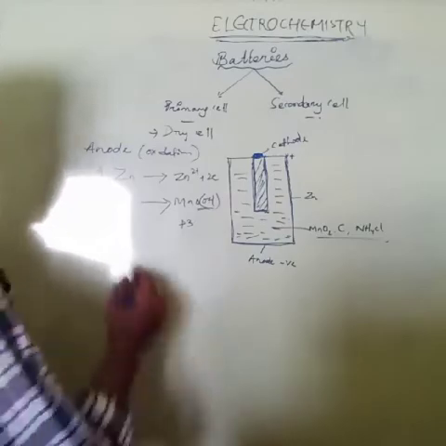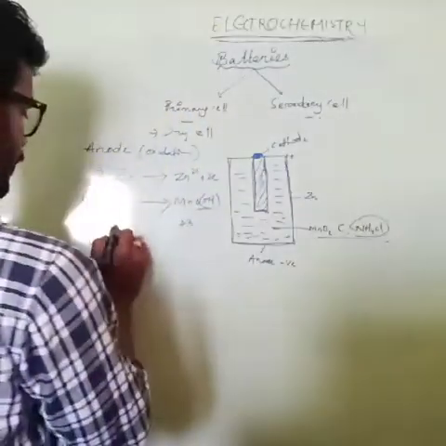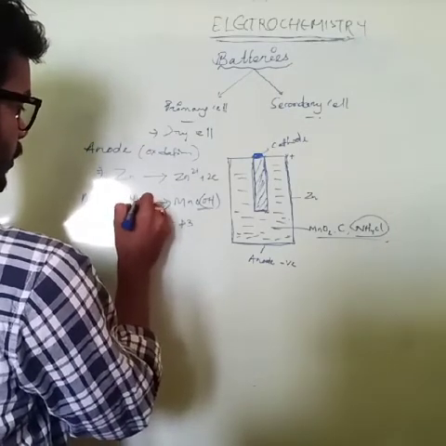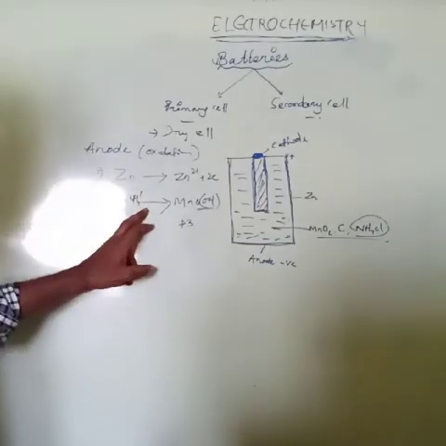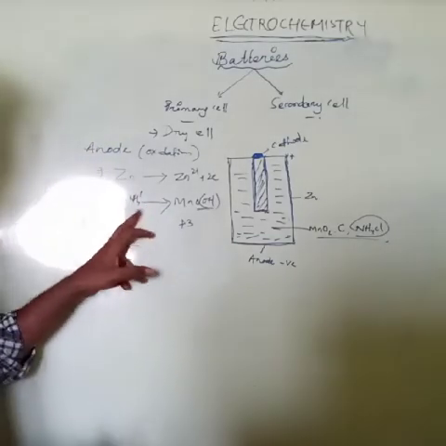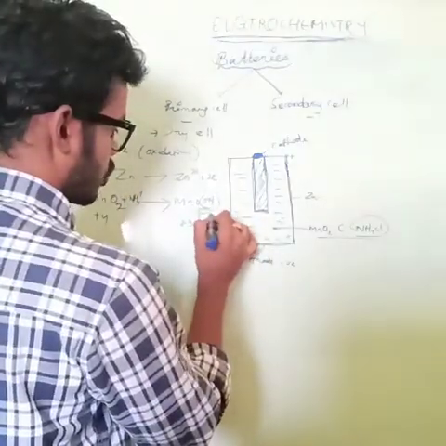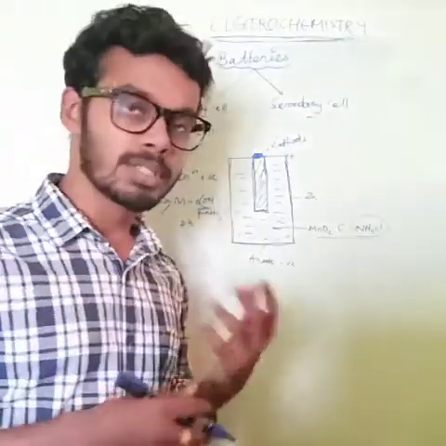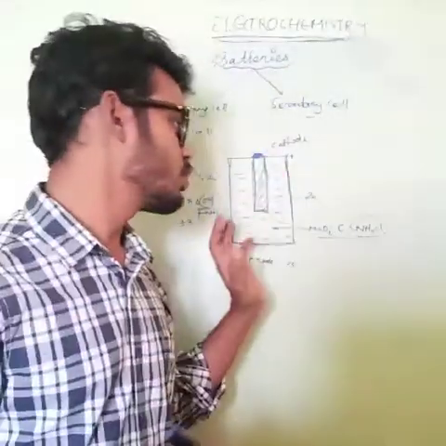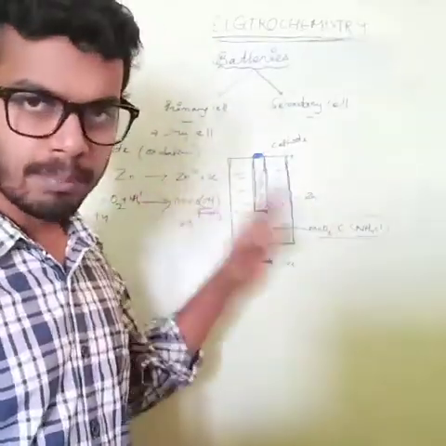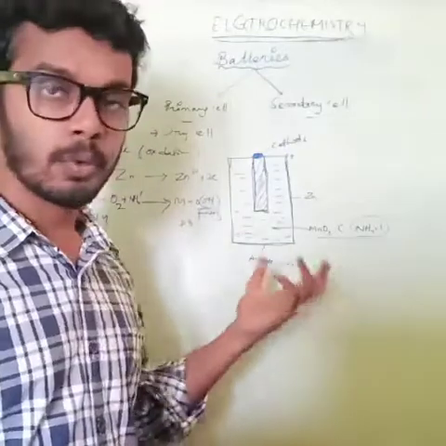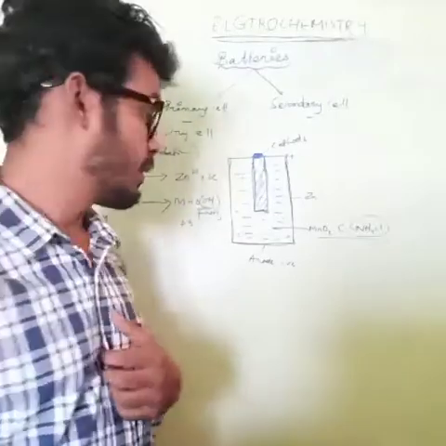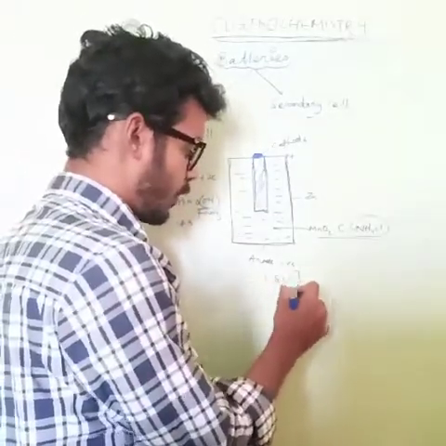With the help of NH4+ ions. Okay, so it will give NH3 again. So once it is converted, it cannot be reversed, right? Once all the reactions are completed, it will not work properly, so we have to throw it, right? This is about your dry cell, and the maximum voltage is 1.5 volt, remember.